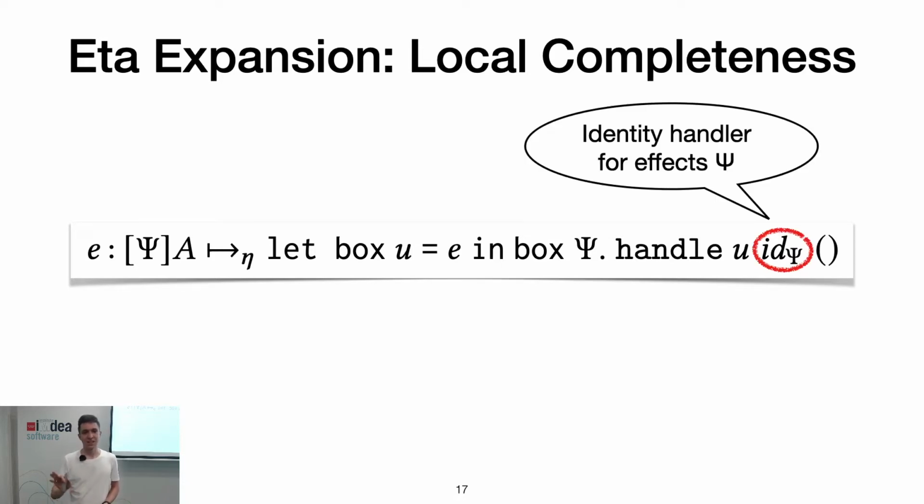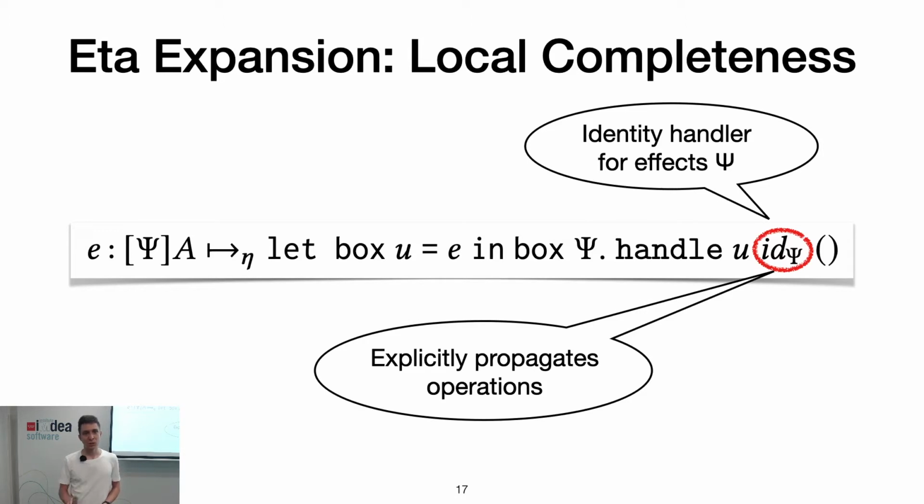What it does is explicitly propagate the effects from one effect context psi to itself. So, for example, if it was state, then we would say that get maps to get and set maps to set. And it is very important for us because we cannot implicitly leak effects otherwise.